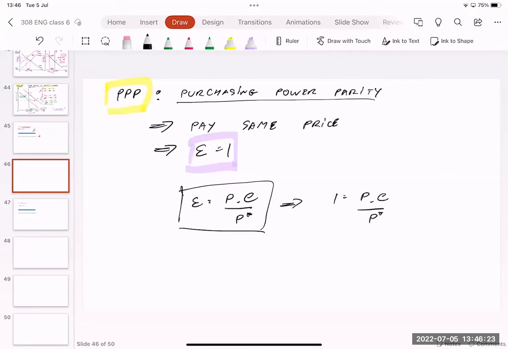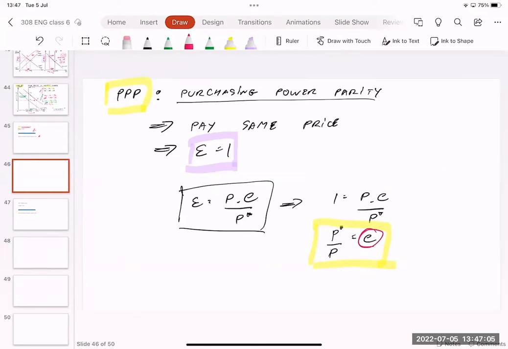So it means that E, the nominal exchange rate, should be equal to P star over P. If the price is the same, the nominal exchange rate should be adjusted, changing itself until the price of the foreign country and the price of the domestic country are the same. This is a very simple idea. They say that the price should be the same in different countries, and in order to do that, you need to change the nominal exchange rate.